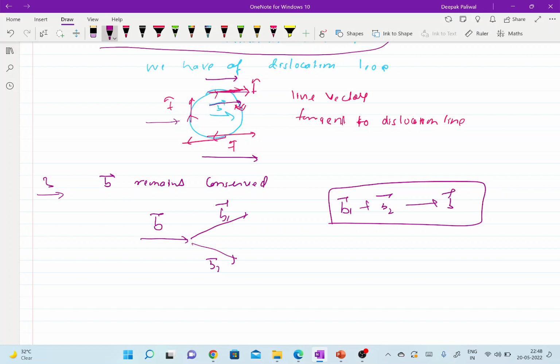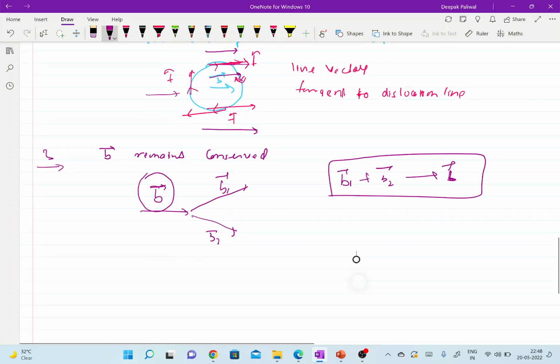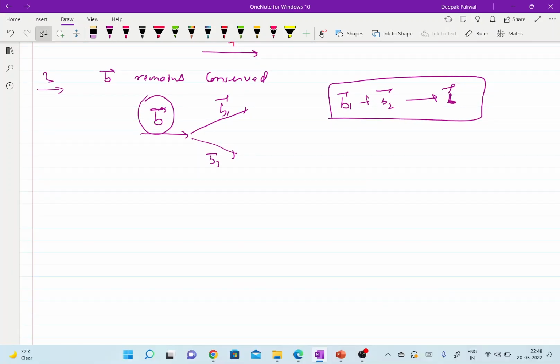So there is a rule of conservation of the Burgers vector. Why will this kind of splitting happen, and in what condition? This we will learn in the upcoming lectures. But for this point of time, the Burgers vector remains conserved. This is an important characteristic of any dislocation.